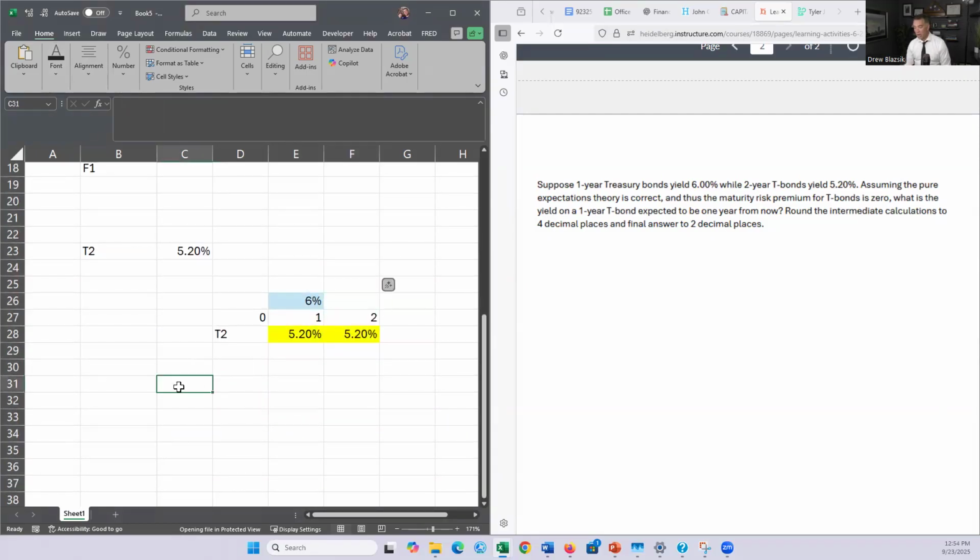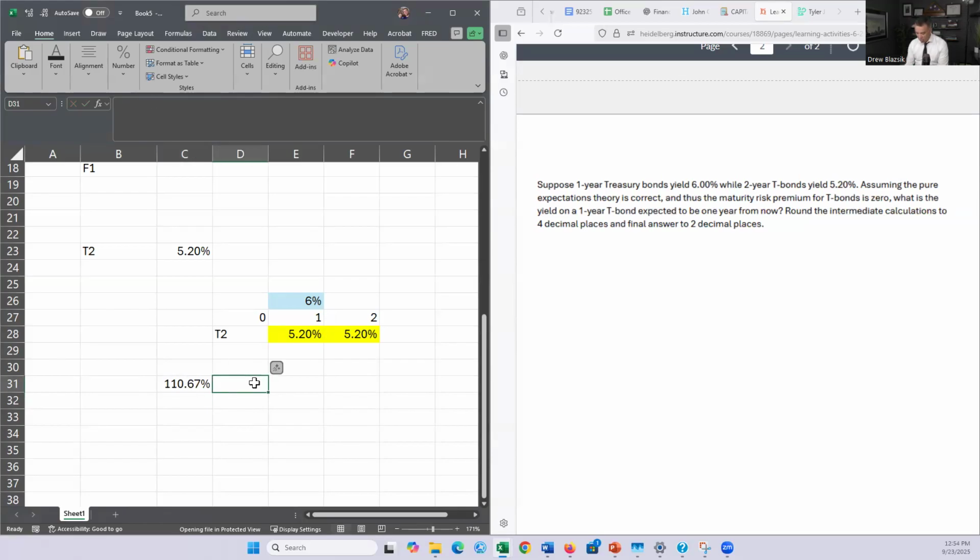So this is how we would write it. I would say 1 plus the 2-year interest rate, and I'm going to go to the power of 2. You get it for 2 years.